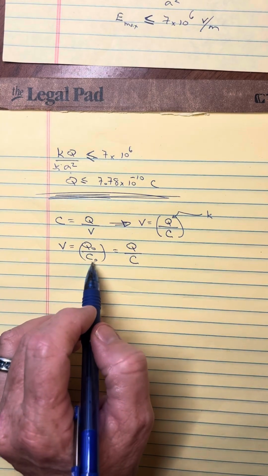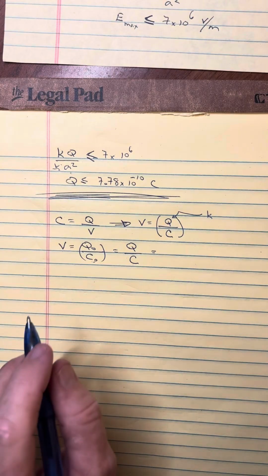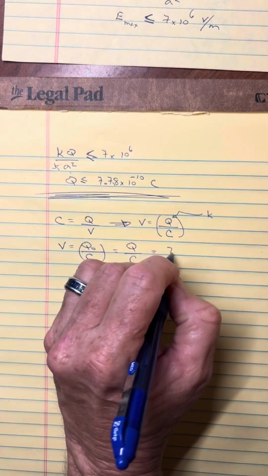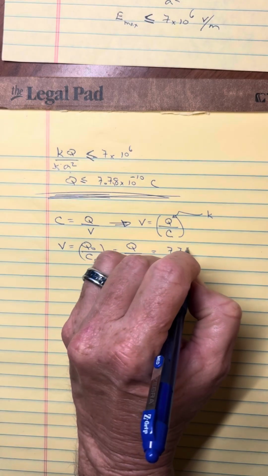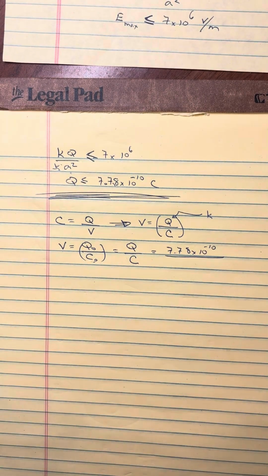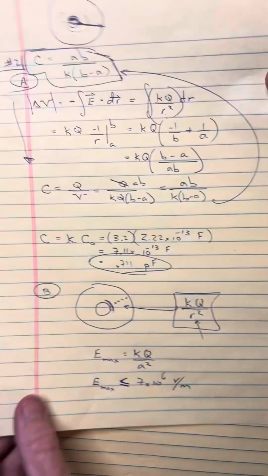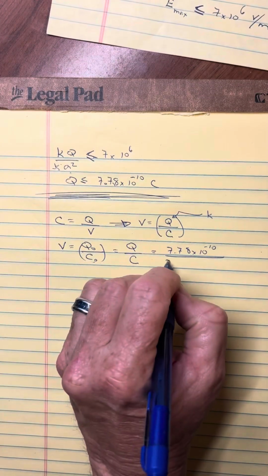So let me do the capacitance as if it was air also. So knowing this is the maximum charge, the 7.78 times 10 to the minus 10, when it is filled with air, let me come back to part A where I got the capacitance.